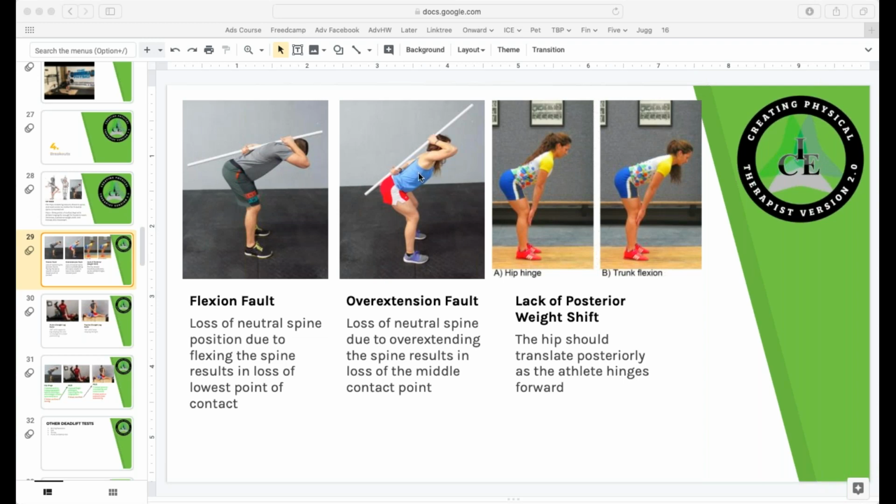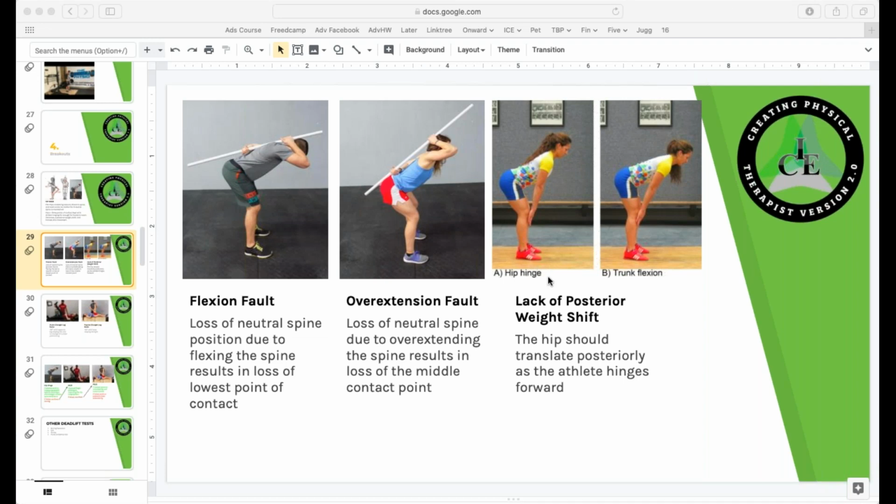Sometimes we'll see this middle picture where this is an individual that has an overextension fault. So as they go forward, they lose that middle point of contact because they're extending too much through their lumbar and thoracic spines. Typically, this is going to be somebody that comes to you from a gymnastics background, a cheerleading background, where that extension position for a long time has been their default position of stability.